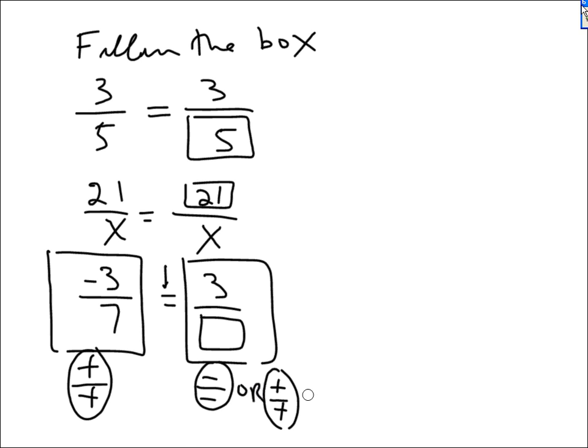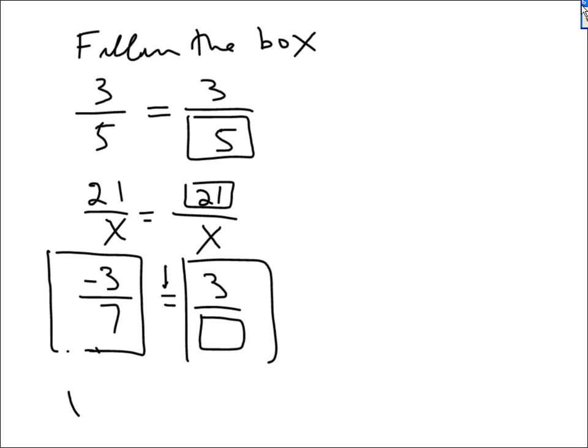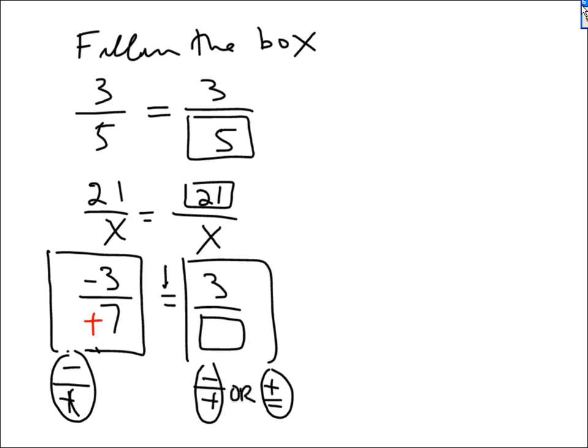Now, if the left side has two different signs, like in our case, because the 7 happens to be understood to be positive. If you have a negative over a positive, the other side can either be exactly the same or it can be positive over negative. Why? Because this is negative, and so is this, and so is that.